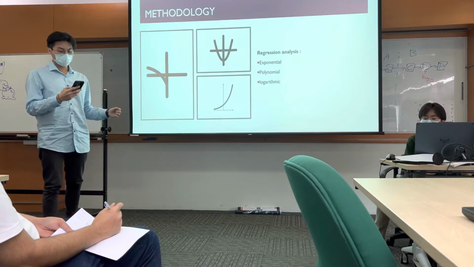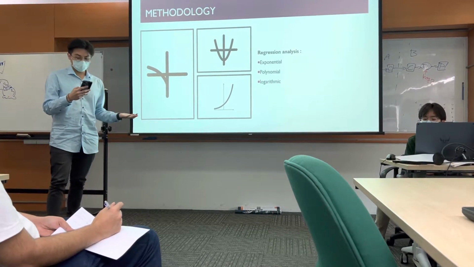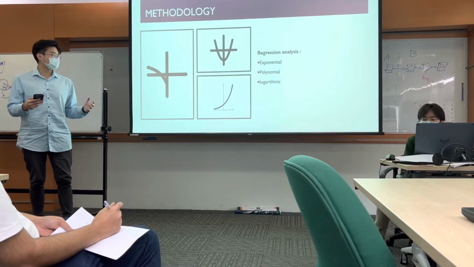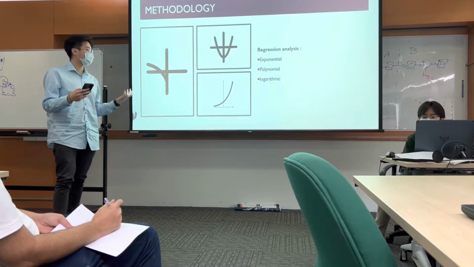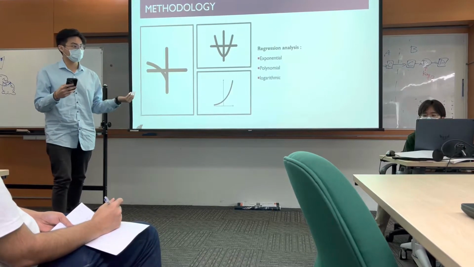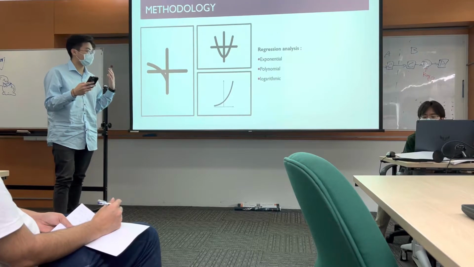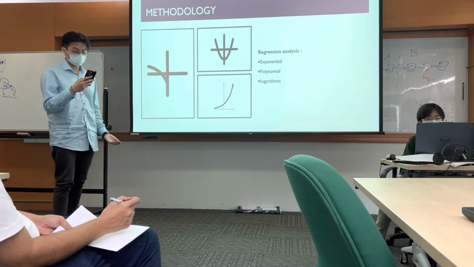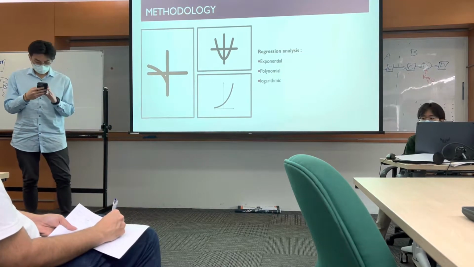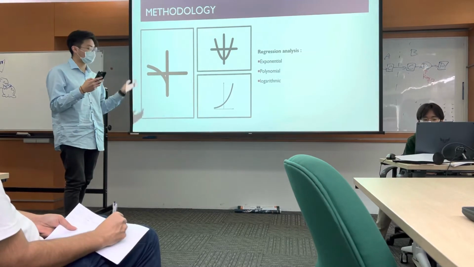The second one is polynomial regression. Polynomial regression is suitable for fluctuating data, and you can analyze it by finding the power of the data, where the power corresponds to the number of fluctuation points, or the curve inflection points. And the last one is logarithmic regression.